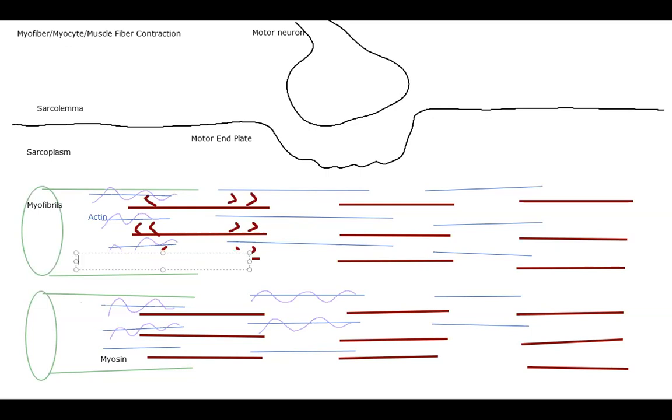So the purple here is tropomyosin, and that covers the active sites at rest. The only way that it would not cover the active sites is if another protein lifted the tropomyosin up and away from the actin.